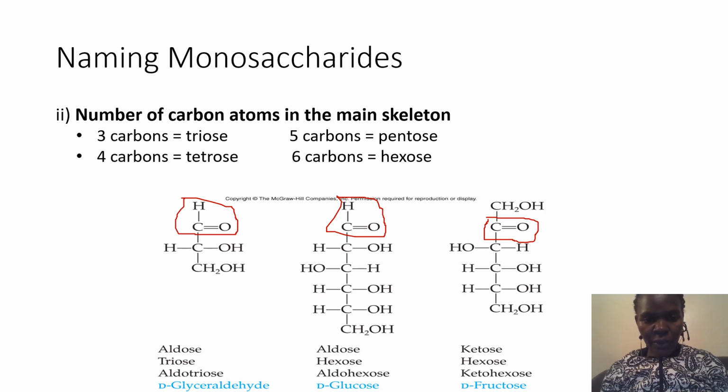So based on the functional group and the number of carbon atoms in the main skeleton, that is the functional group, and in blue is the number of carbon atoms in the main skeleton.